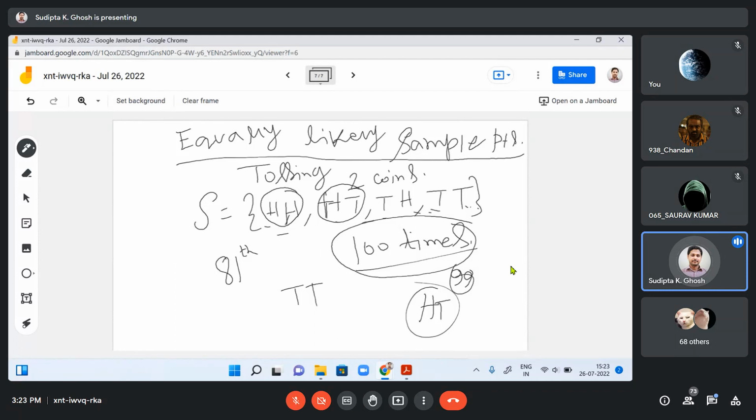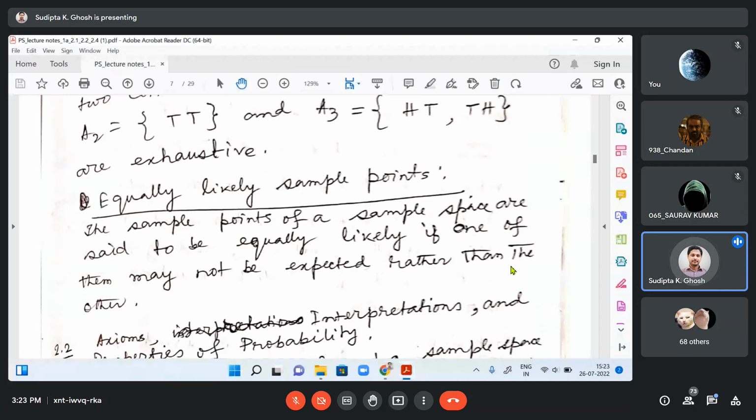You cannot predict that only this point will occur many times. So this type of scenario is known as equally likely sample points. The sample points of a sample space are said to be equally likely if and only if one of them may not be expected rather than the other.